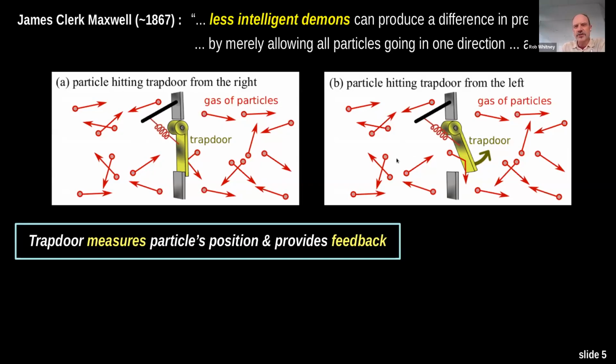But when a particle comes from the left, it can push the trapdoor and it has a chance to go through. Of course, often it will still be reflected back, but it has this chance to go through. So that breaks the symmetry. You have, in principle, a low probability to go from right to left and a higher probability to go from left to right.